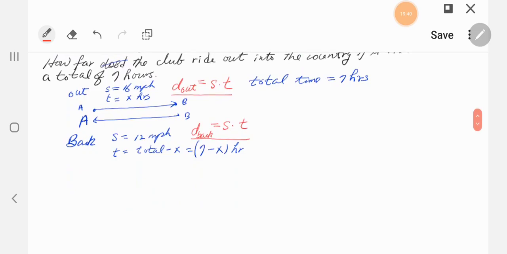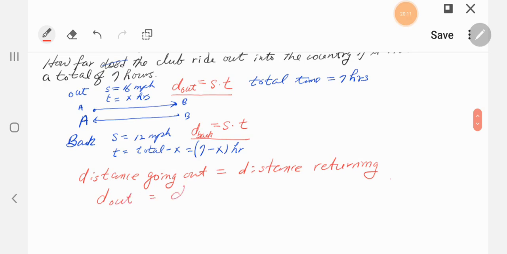So actually, the distance is the same. So the distance going out should be equal to the distance returning. Right? So the distance out is equal to the distance coming back.